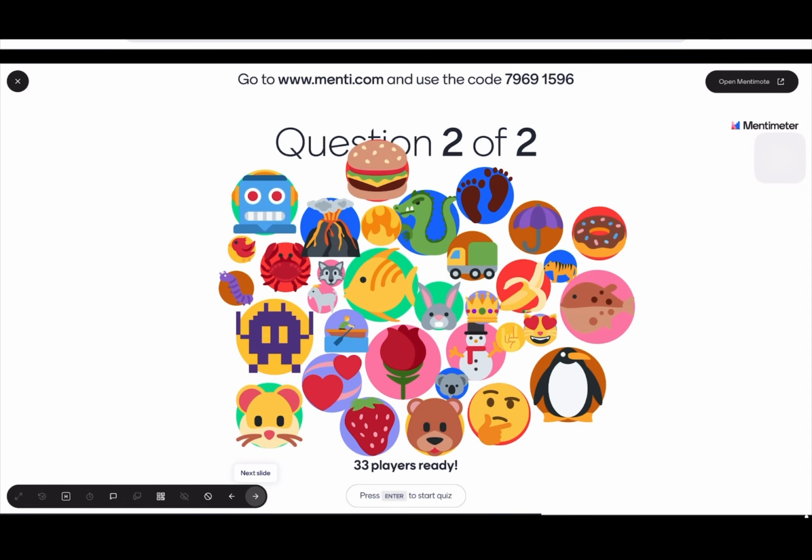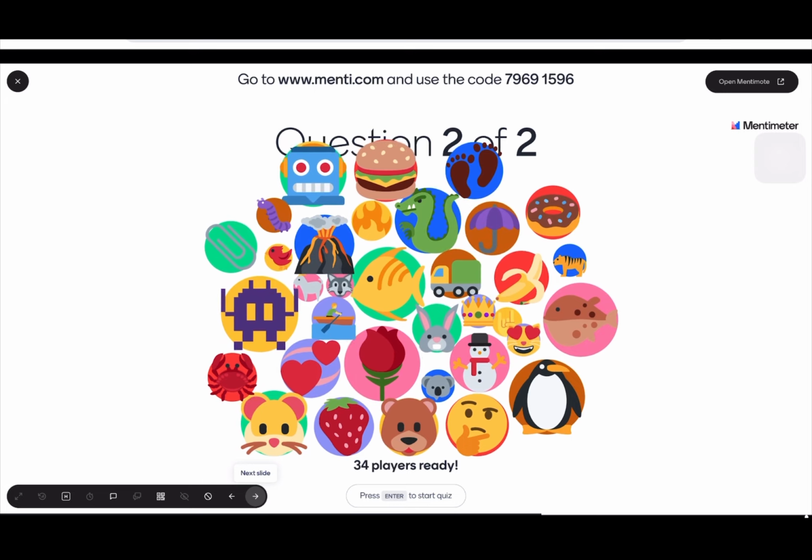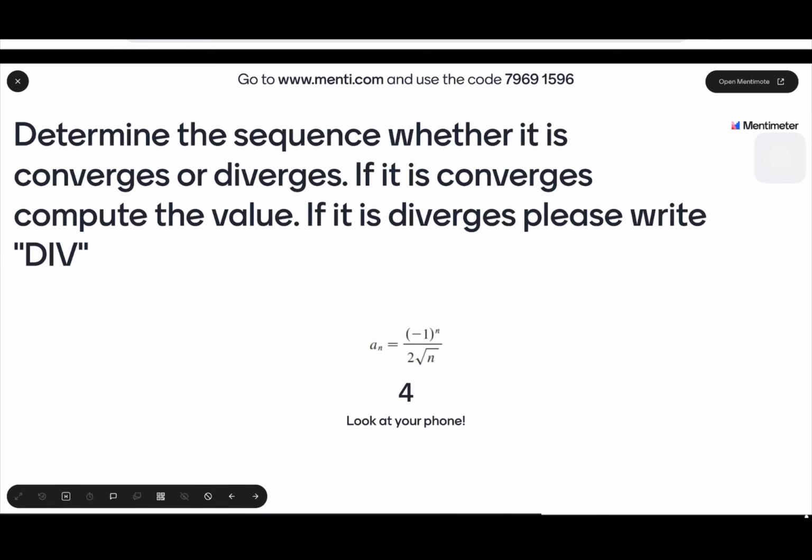Okay, the second question, get ready. Okay, let's start. The same question, but you need to write. If it's divergent, write DIV. If it converges, compute the value.